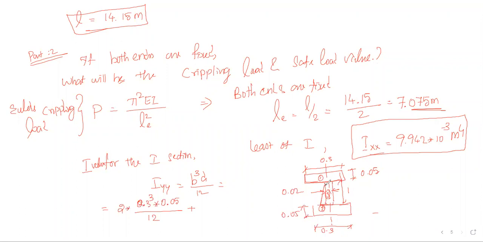plus another, this portion, this web portion. So b cube, here b is 0.02 the whole cube into depth value 1 divided by 12.